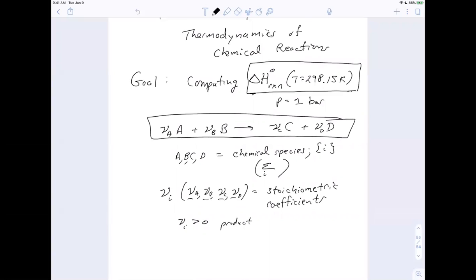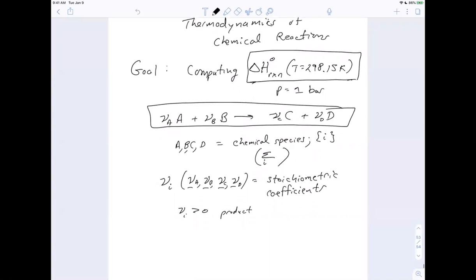But when we do mathematical manipulations, we're going to have to treat the nu sub i's as numbers, and so in mathematical equations, nu sub i's can be positive or negative, because of the nature of equations. So for products, in equations that we will encounter, nu sub i is greater than 0 because it's something that's produced, and nu sub i will be less than 0 for reactants. So that's something that we should keep in mind.